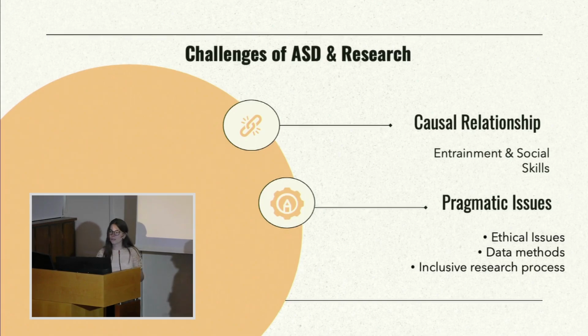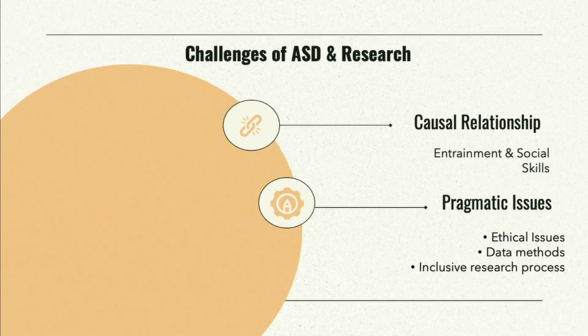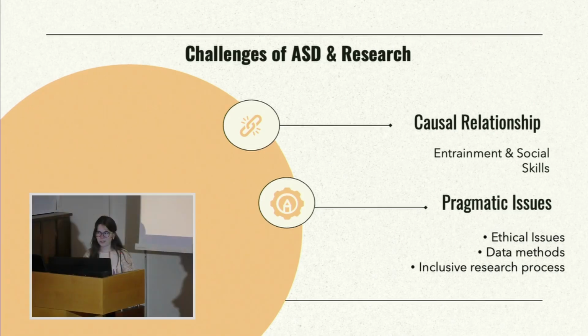Some data methods such as markers or neuroimaging procedures might not be completely adapted to this collective. And also, on a more philosophical level, is how to really make the research process inclusive. So how to include them along the whole process, but also how to make sure that what we are investigating is relevant for them and is important for them.